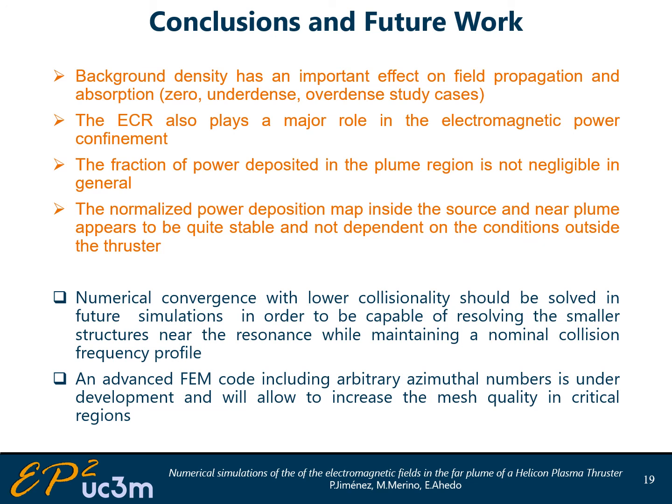The fraction of power deposited in the plume is in general not negligible, and this is going to change the behavior of the thruster. This is not necessarily bad, because this power deposited in the plume can be effective for the thrust generation, but it is important to consider it in the near future.